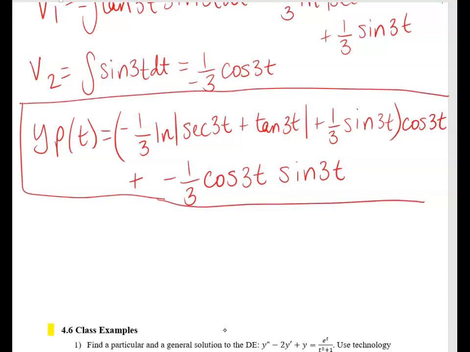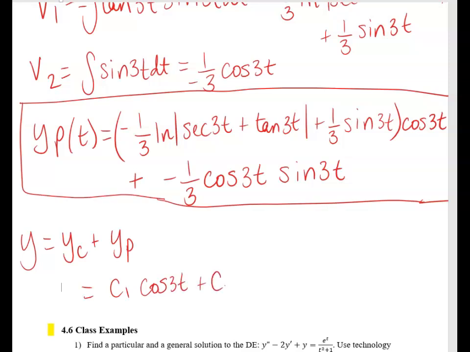The question did say actually to find the general solution, so remember how to do that. The general solution, of course, is y sub c plus y sub p. So I'm going to put all this together. I think that ends up giving us, let's see, c1 cosine of 3t plus c2 sine of 3t.